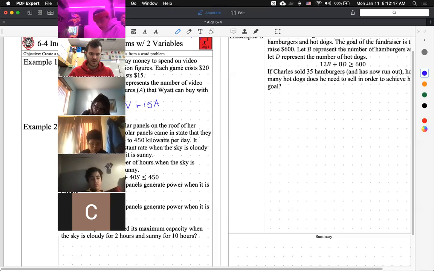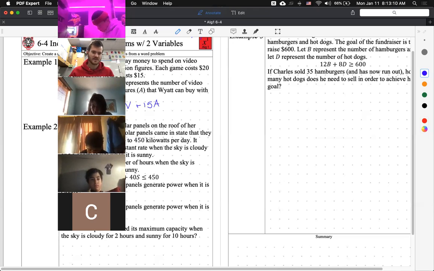And then 20 is the number that's attached to each game, and we said that game is going to be represented by a V for video game. And then $15 for action figures, and action figures is A, so 15A. So there's a lot of reading that's going on in this problem. But that is the correct answer.